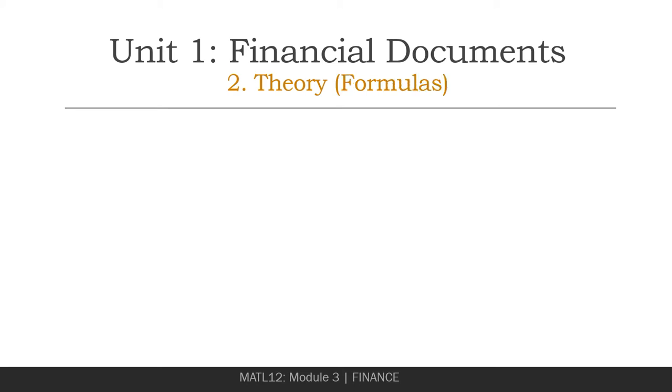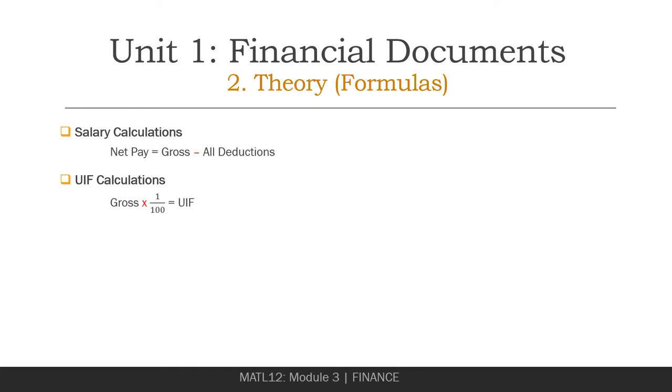But before we conclude this lecture, I just wanted you to have these calculations as something that you always keep at the back of your mind. So for you to get your net pay, you need to take your gross and subtract all of the deductions. And then to calculate UIF contributions, as I said, it's 1% of your income.